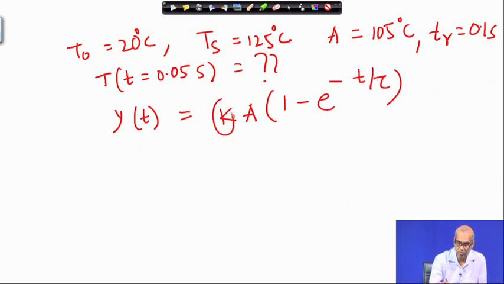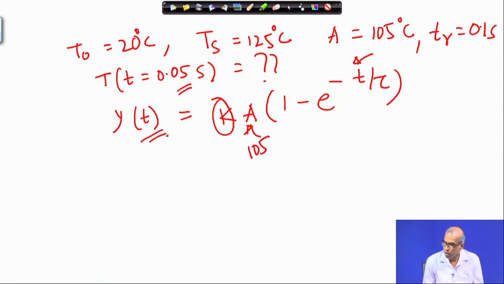Here k is 1, A is 105, t is 0.05. So, if I find out tau, I can find out the response. So, how do I find out tau?